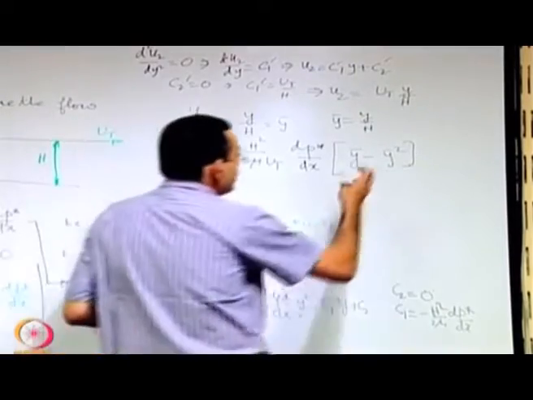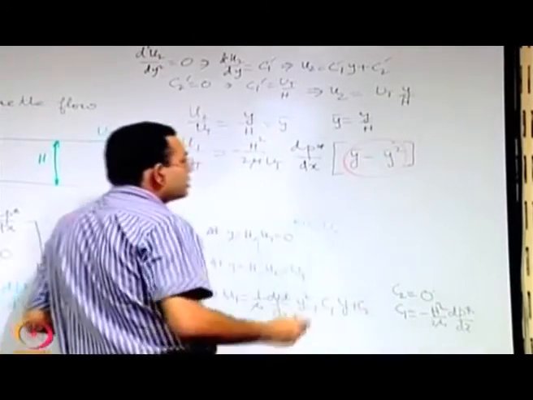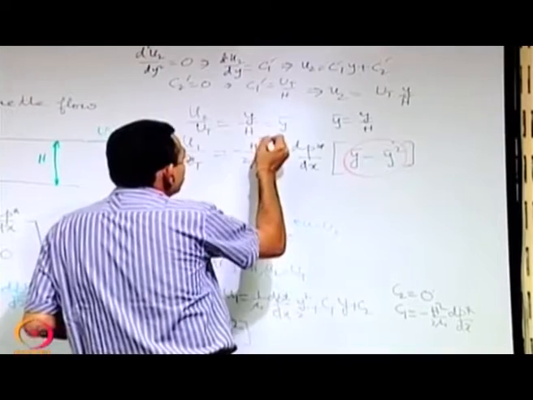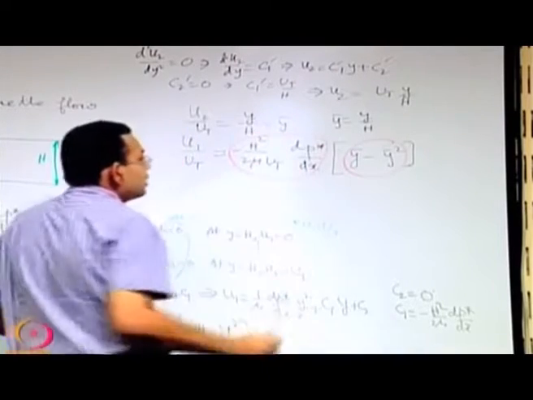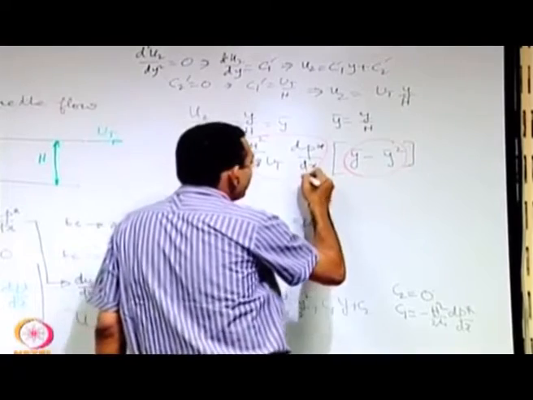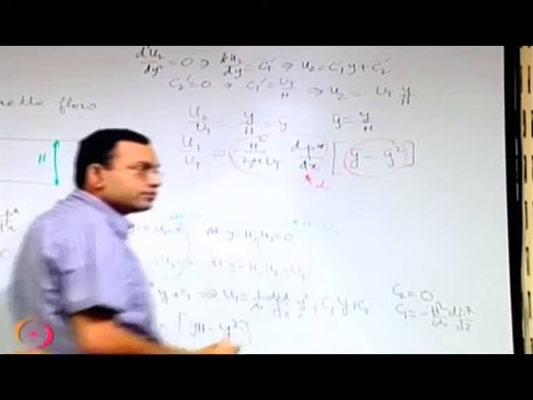If you have a careful look into these terms, the term in the bracket is non-dimensional, the left hand side is non-dimensional. So, whatever is here is also non-dimensional. Let us give a name to this: let us say that this is alpha, a non-dimensional parameter.